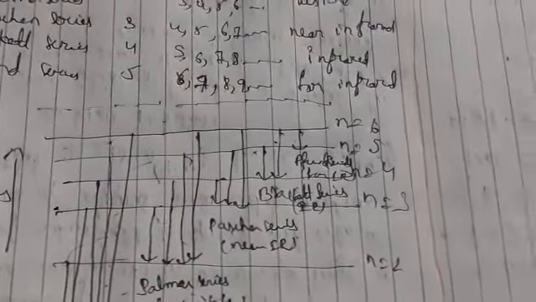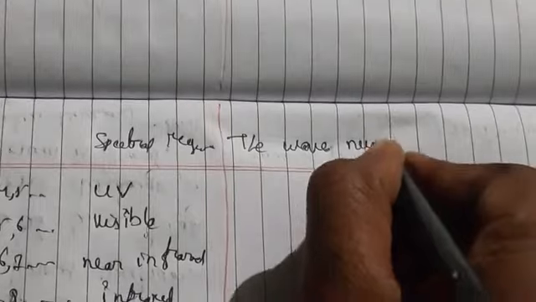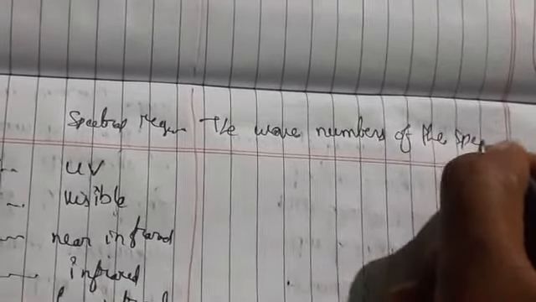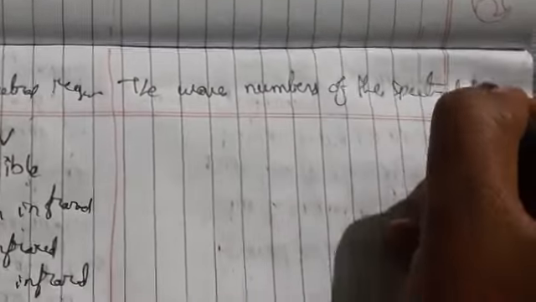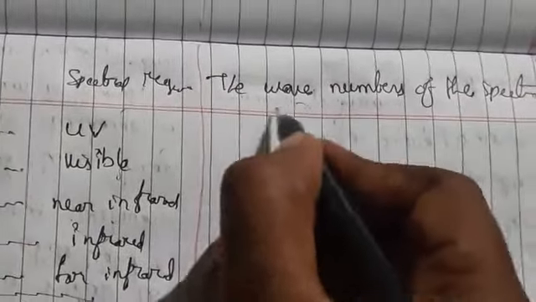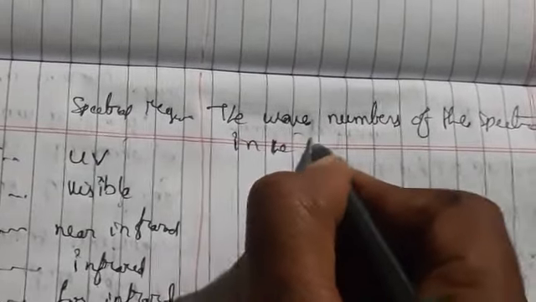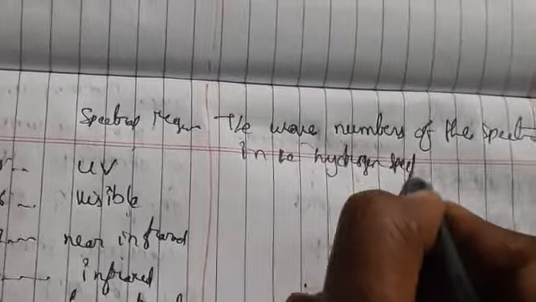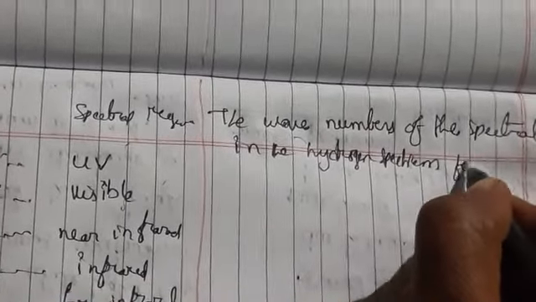So here, when we are taking this, generally n we are taking. Here it is given as the wave numbers of the spectral lines in the hydrogen spectrum for any series.